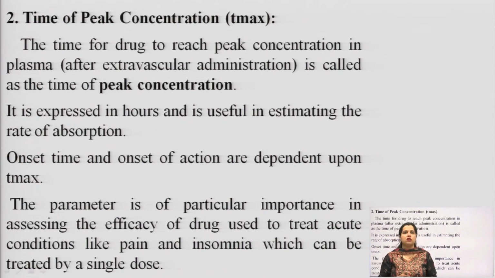It is expressed in hours and is useful in estimating the rate of absorption. It is very important in how much time the drug takes to reach the highest point, the peak point. Onset time and onset of action are dependent upon Tmax. Yes, of course, it can be correlated with that particular time of maximum concentration.